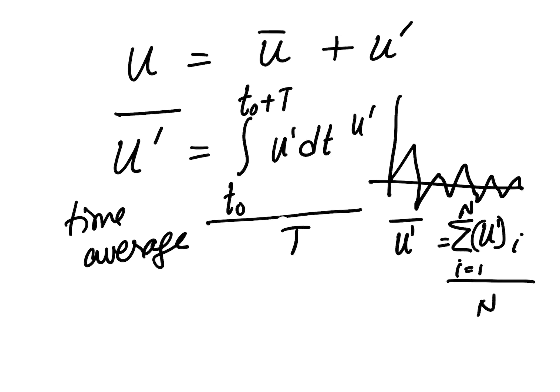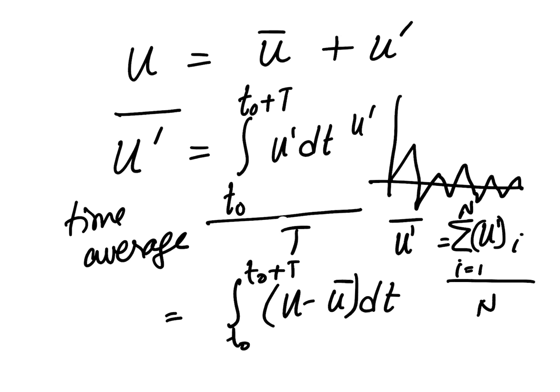Now, what is U dash? I can use this relation to substitute for U dash. This is the integral from T naught to T naught plus T of (U minus U bar) dt, over time.